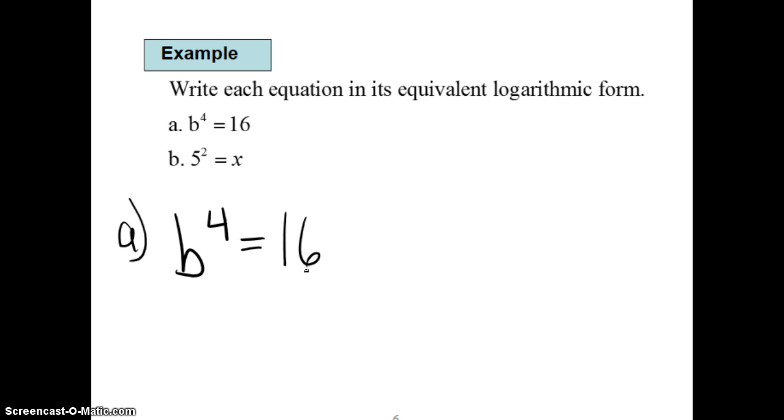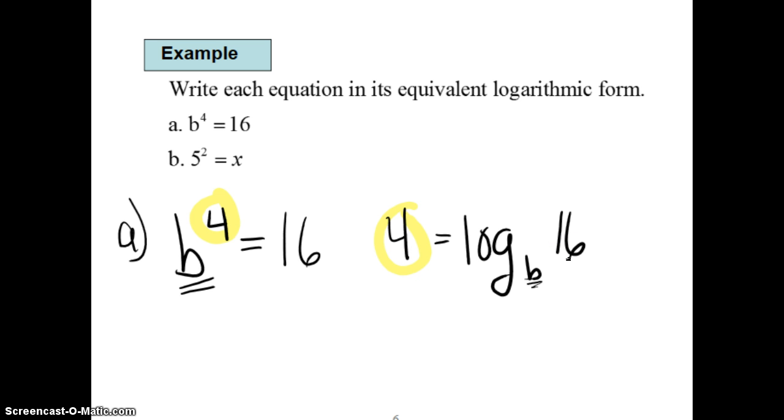So I start log base b, b, we're good. Now, the exponent, once again, is always here. So I write my exponent in, which leaves me with 16. And I can double check it. b to the 4th equals 16. Let's look at the next one.